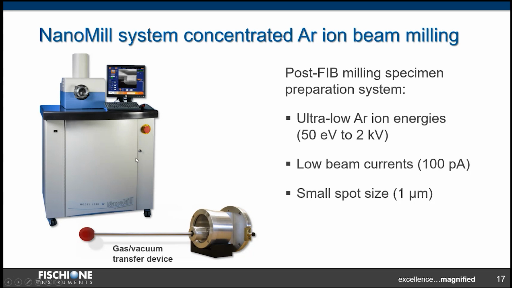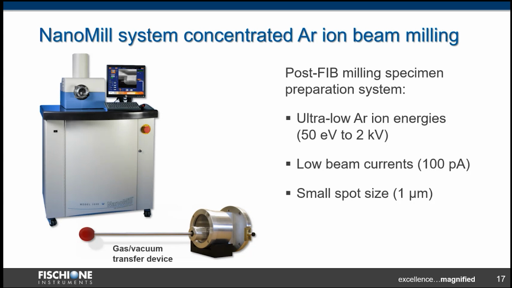We usually use like 300 eV or less, or 500 eV or less, to mill off the gallium implantation and gallium damage from the sample. This you cannot do using a broad beam milling system, because even if you can get the low energy, you cannot get this low current. The current will always be higher.